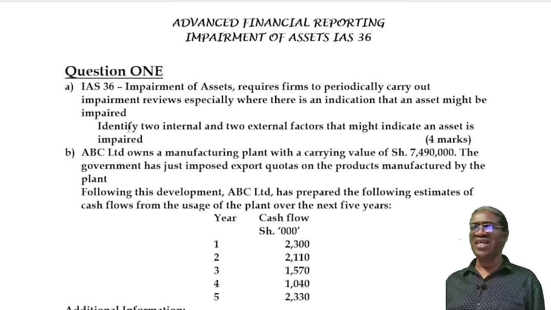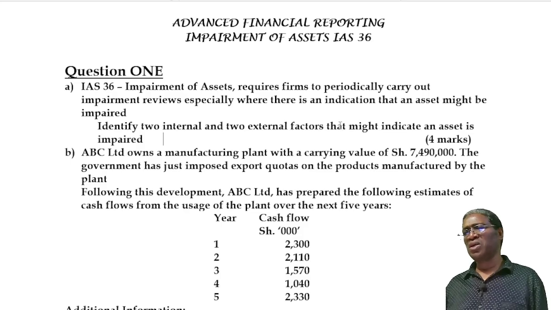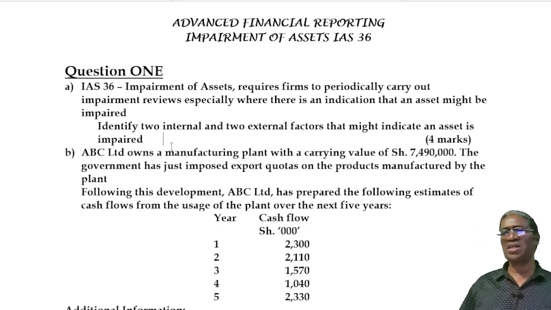Then you're told identify 2 internal and 2 external factors that might indicate an asset is impaired.